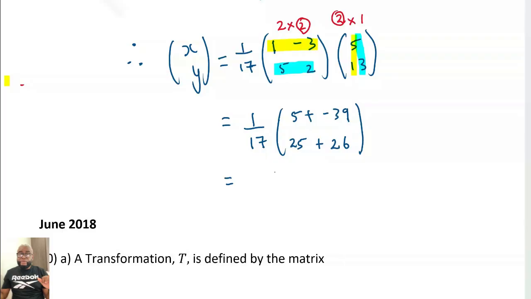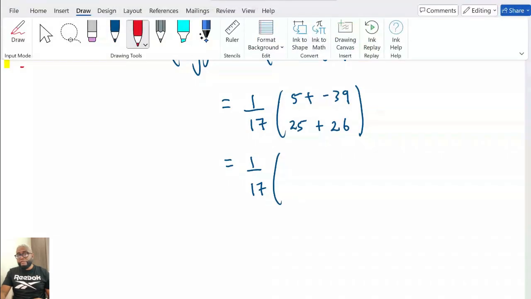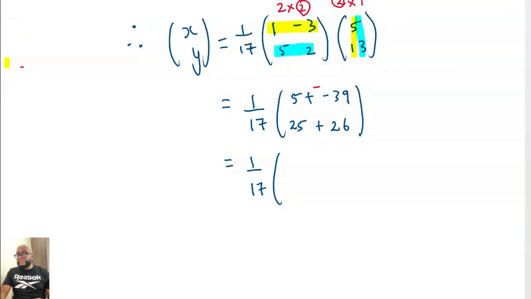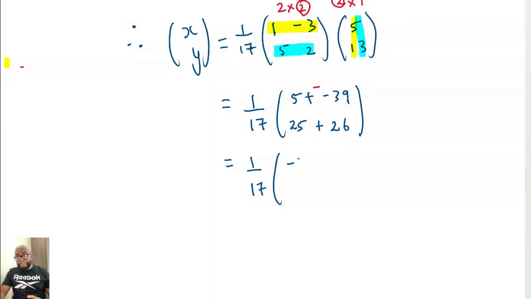So this will be equal to 1 over 17, still in front, times 5 minus 39. What's 5 minus 39, my children? Negative 34. And 25 plus 26 is 51.